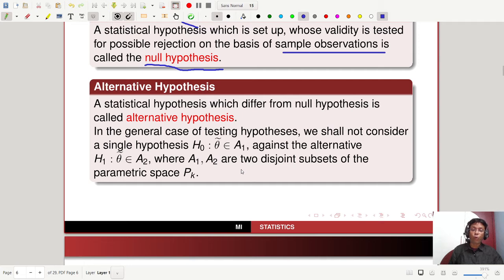A1 and A2 are two disjoint subsets of the parametric space. There should not be any common points. So that is how you write the null hypothesis and alternative hypothesis.